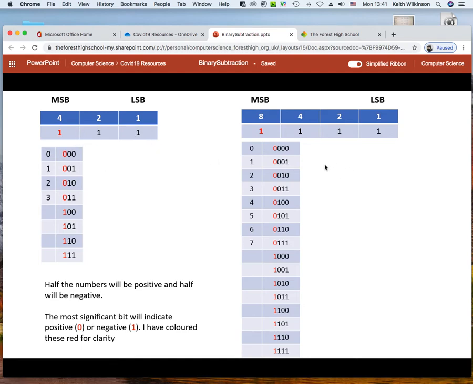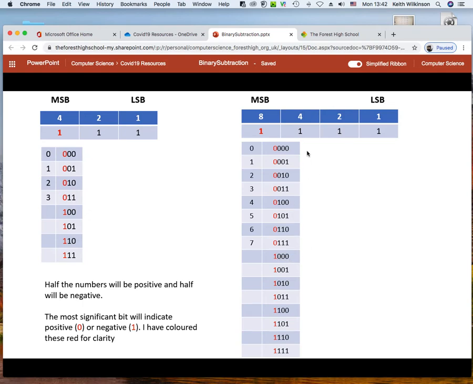Similarly with a 4-bit pattern, I'm using my most significant bit to say whether it's a positive or negative number. The 0 means it's positive, and I've put that 0 to 7. And I've left this one blank at the moment because I'm going to fill it in a minute, but these are negative numbers, and again repeating the pattern.